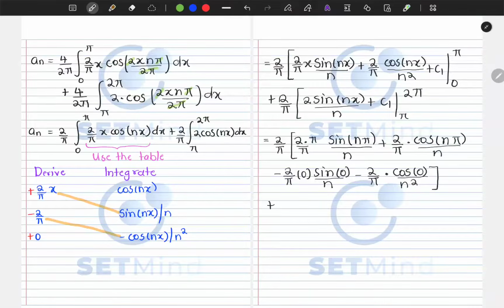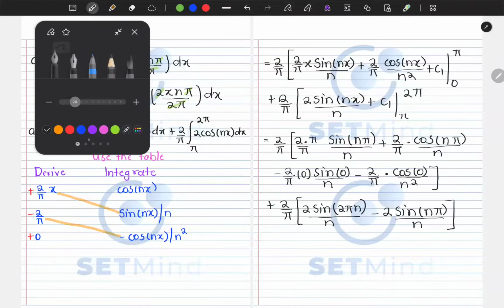Now we need to go and deal with the second part, which is 2 over pi into, so we need to go and sub into pi now. So I'll have 2 sine of 2 pi n divided by n, and then minus, we sub in the lower one, we'll have 2 sine of n pi divided by n.